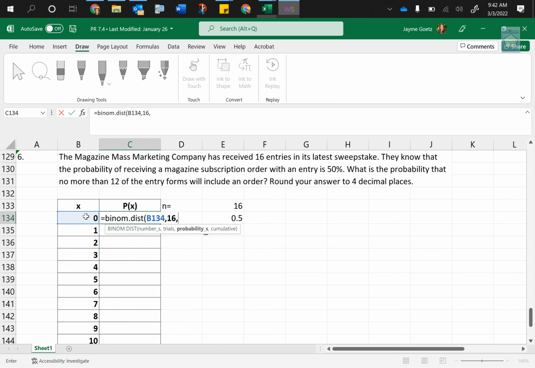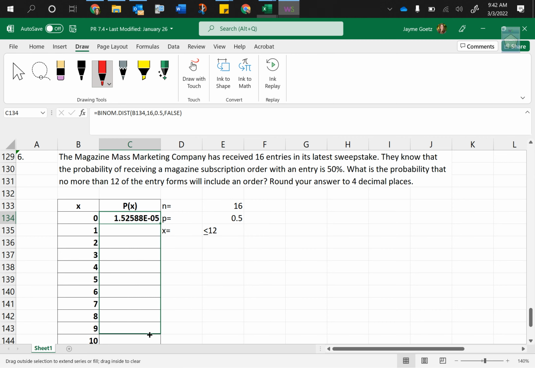Comma, what's my probability of success? 0.5. Comma, is it cumulative? No, false. Then you're going to click and drag it down so it fills out your whole table.